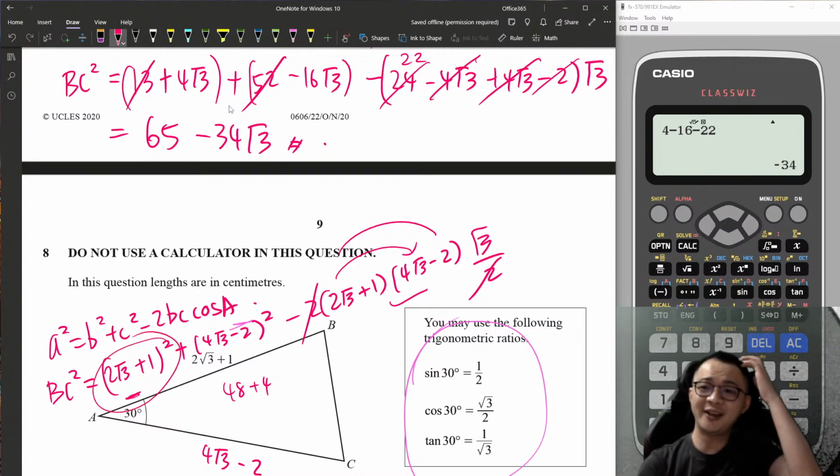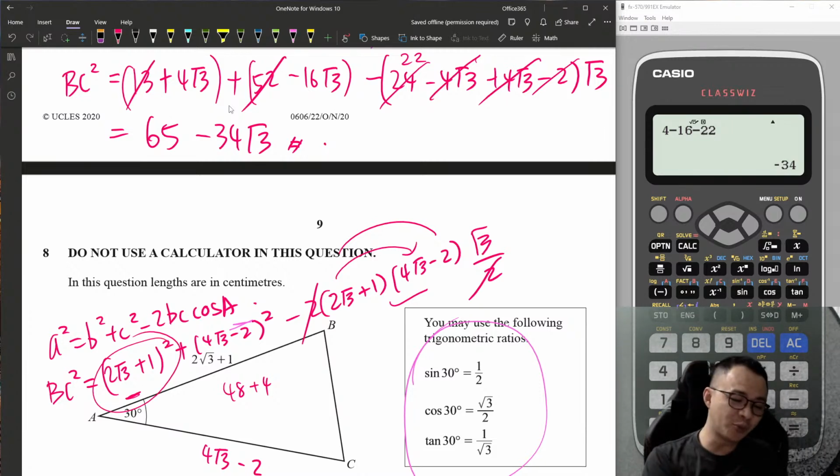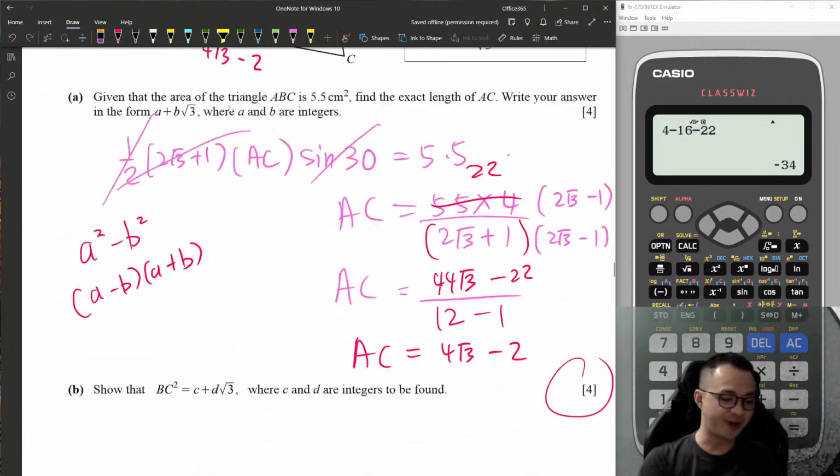And another A1 is for expanding these two brackets. Expand correctly gives A1, this one will give A1. Then I think you no need to expand out all the 3 terms, because normally that one is M1, the method mark. Yeah, because I see the Claire actually trying to remind me of that. Yeah, so I think like this should be fine.